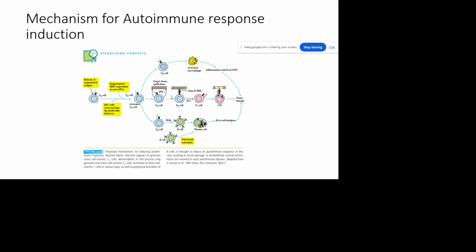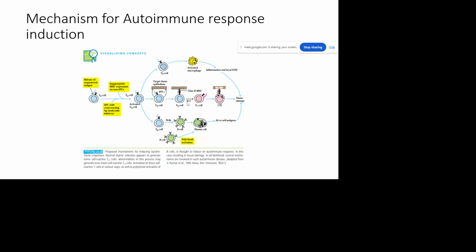So initially IFN gamma will be secreted by the activated helper T cell. Then this IFN gamma will induce the expression of class 2 MHC in the target tissue epithelium. Now the class 2 MHC in the target tissue epithelium will present the self antigen, from the epithelial cell only, to the helper T cell, right?